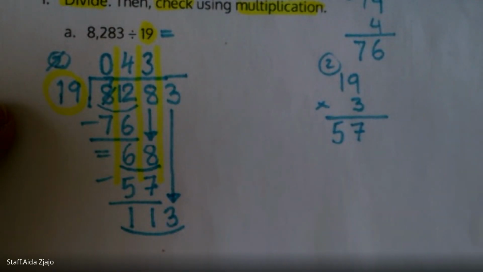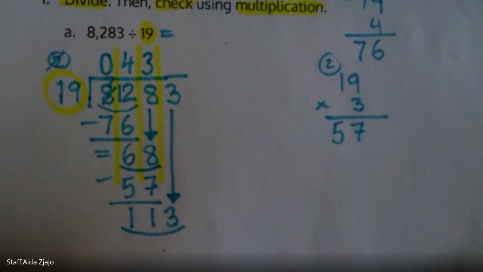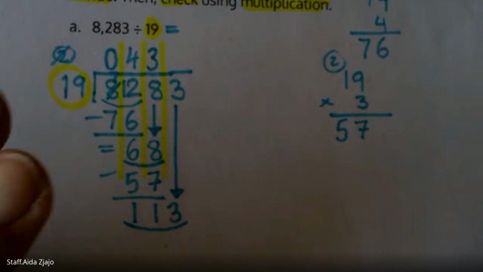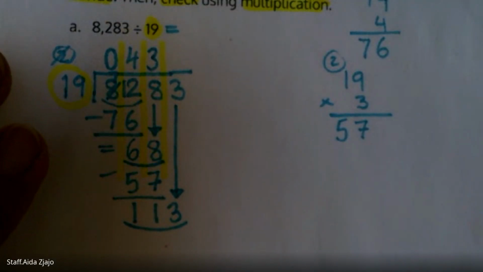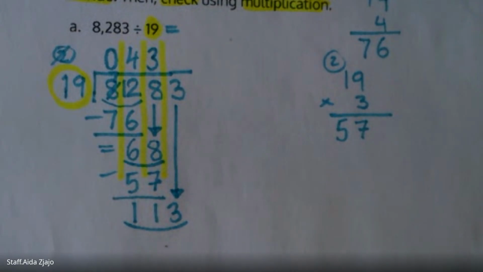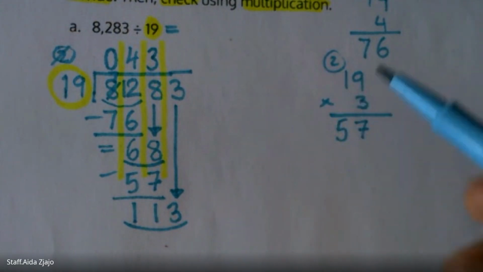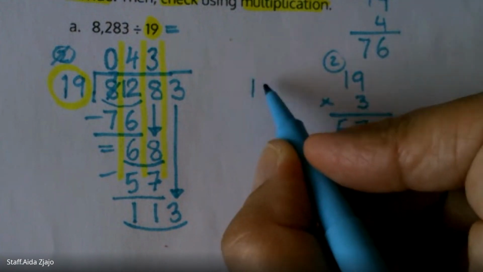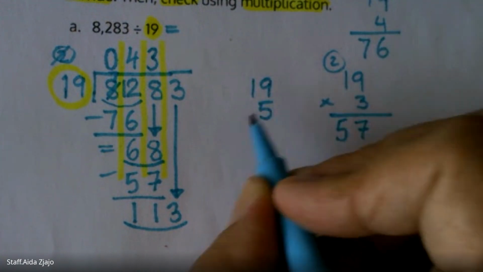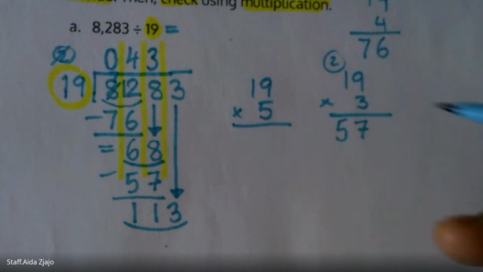Once again, I'm going to count 20, 40, 60, 80, 100. So it's about 5. If I do 6 times 20, that would be 120, and I don't have that, so the good guess is 5 nineteens in 113.